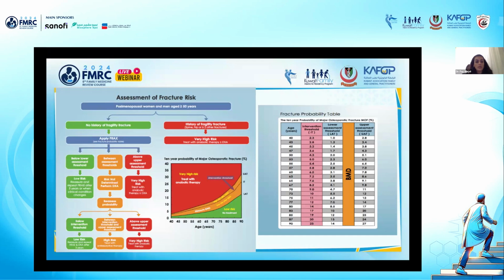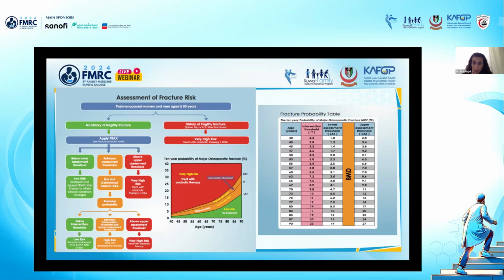So once the patient comes back from the DEXA scan and you have the report, you will reassess their probability. Once you reassess the probability with the DEXA scan report, you will use the interventional threshold as a baseline. For example, the same patient, 60 years old female patient, comes back to you, okay, with the DEXA report, and her FRAX was 5.